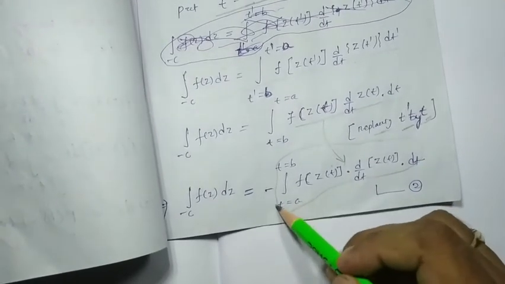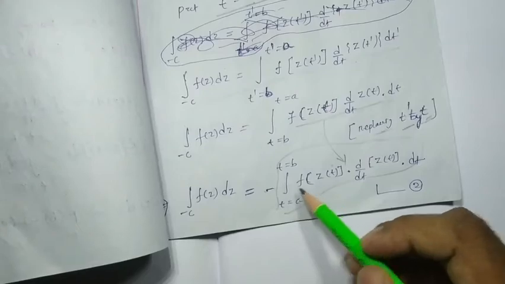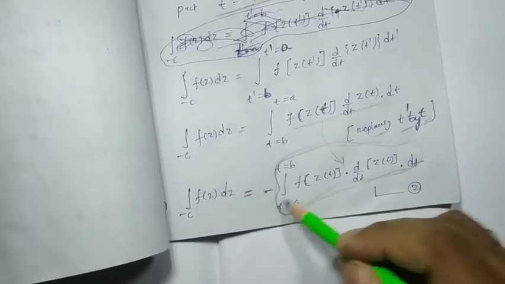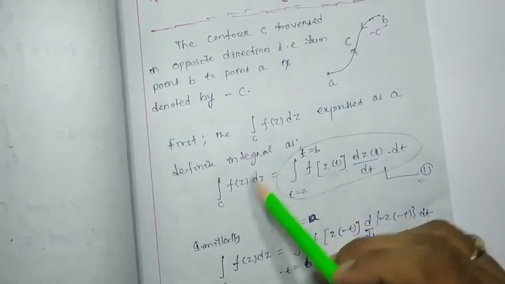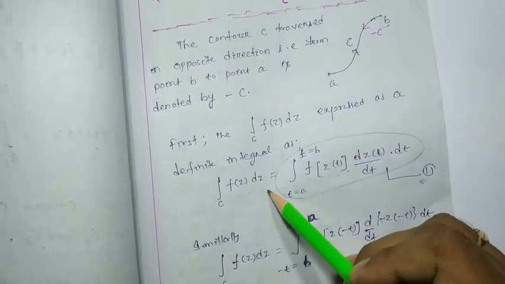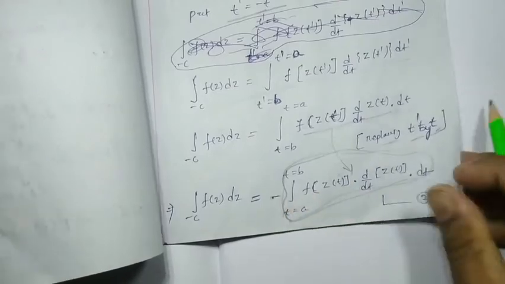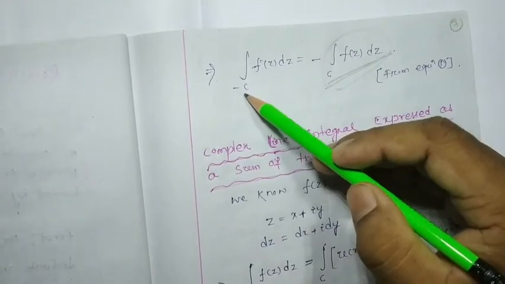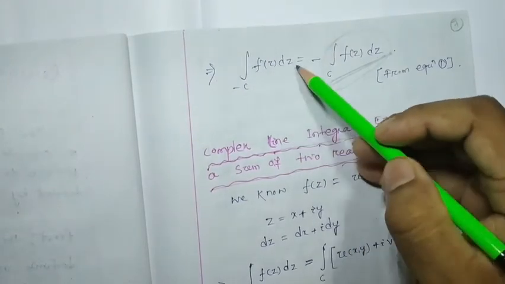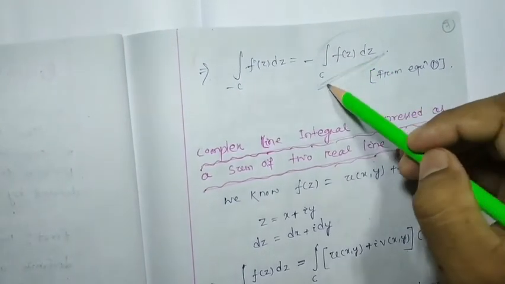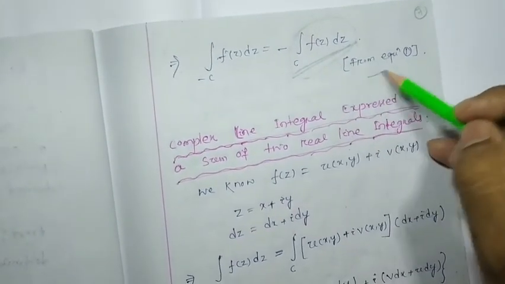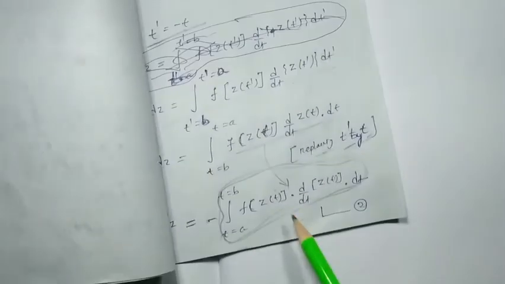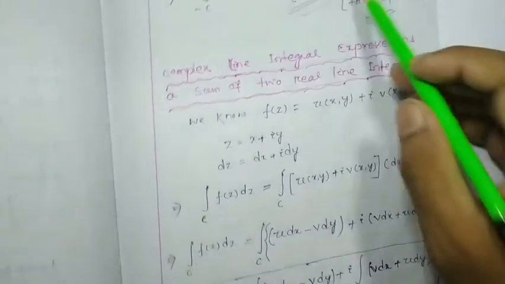So instead of this we can write minus the contour integration of f(z) dz. So the contour integration over minus C of f(z) dz equals minus the contour integration over C of f(z) dz, from equation number 1, which has been substituted over here.